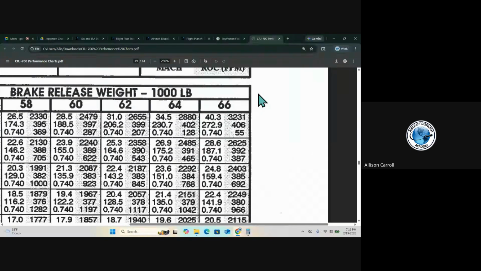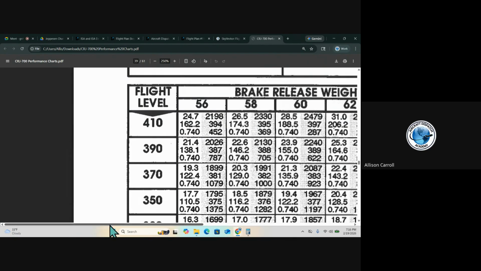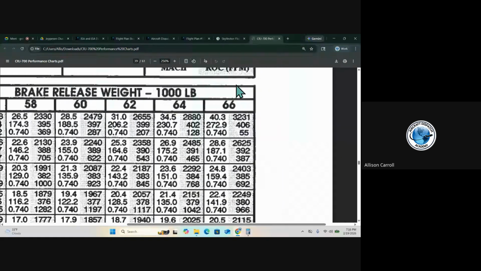Remember, when we were picking our flight level, we utilized the ISA deviation specifically for Denver elevation, right? We got our flight level that we're capable of going to. And then with our specific takeoff weight, from all of the tests that they ran on this aircraft, they say at 66,000 pounds for a takeoff weight, going all the way up to 38,000 feet, it's going to take you 187.1 miles to do it.